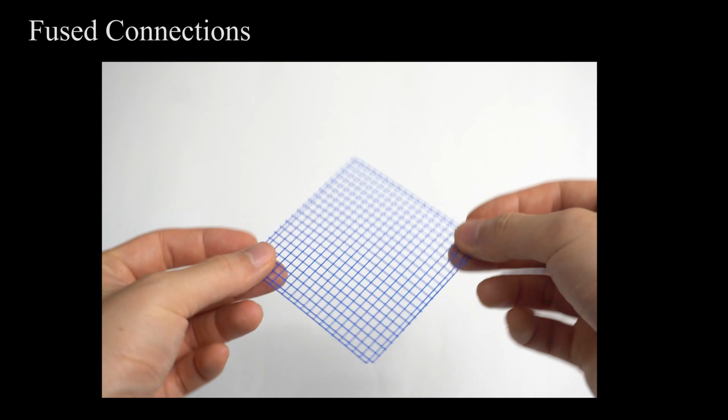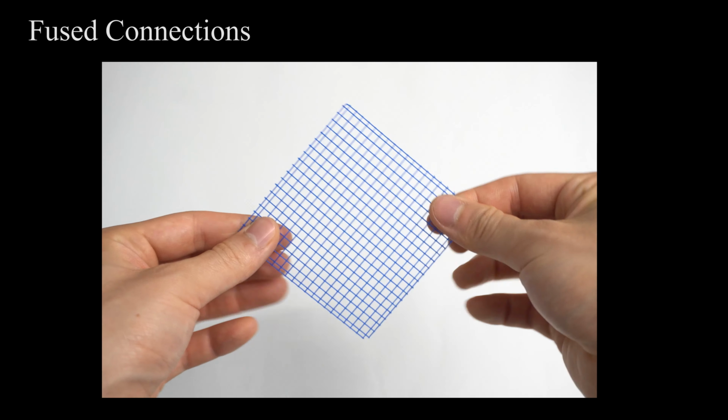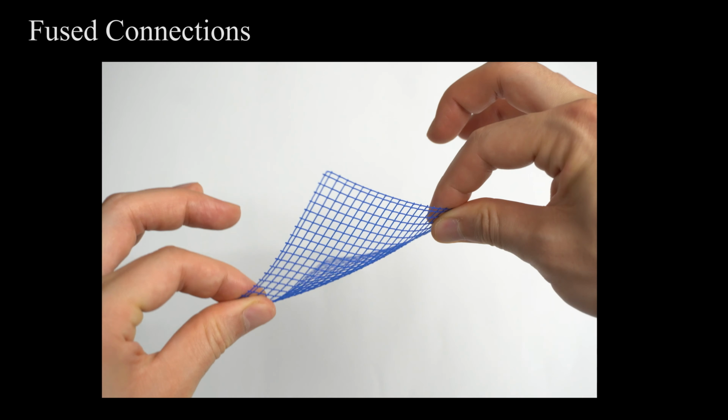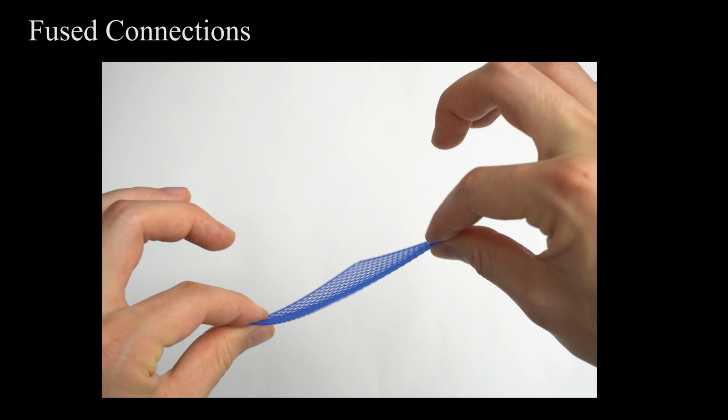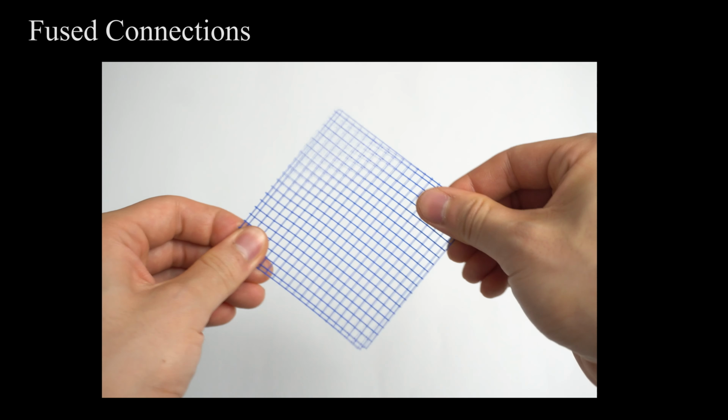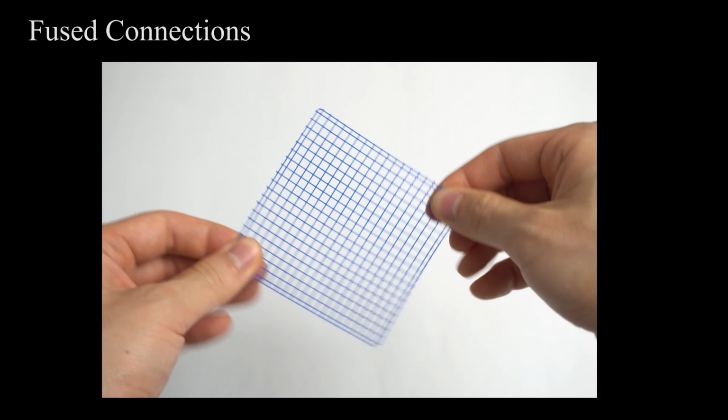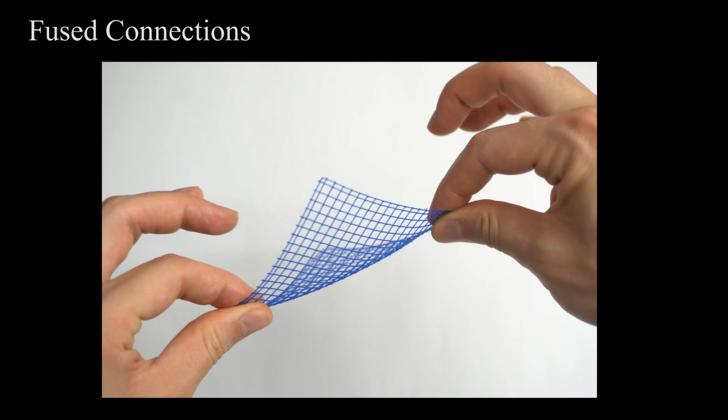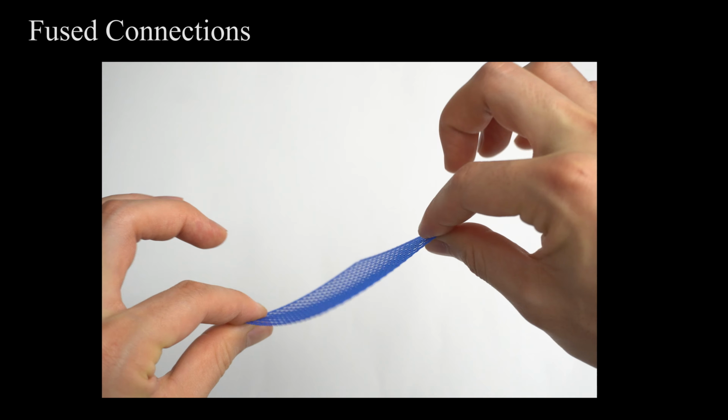We start off by revisiting a regular elastic lattice with all fused connections. As can be seen here, the resulting material shows only little deformation to loads applied along the strands, but buckles out of plane for shearing loads applied diagonally to the strands.